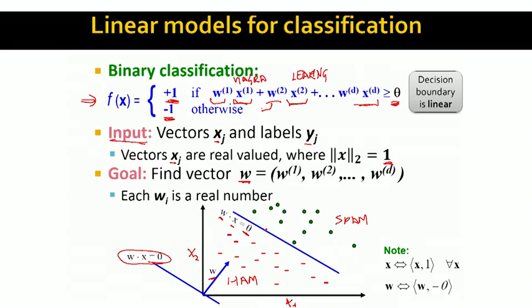Now if this product is positive, then we will be making one prediction, and if the point is on the other side of the line, then we will be making the other prediction. The hard part here will be, how do we find these weights W, such that it represents this line that separates spam from non-spam?